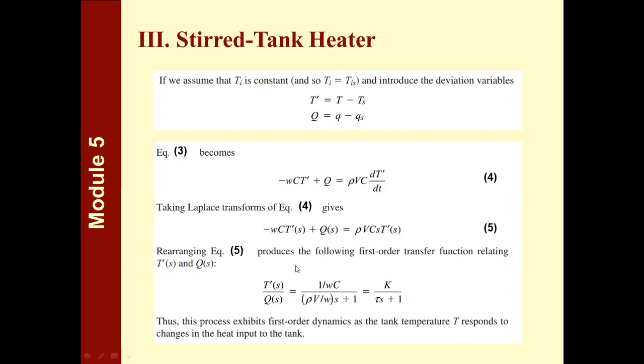Since this is an example of a first order system, we try to make our transfer function conform to that of a first order system as well. It's important that you have a denominator in the form of tau s plus 1. That's the very purpose why you need to divide by WC. That way, your denominator would be something like this.